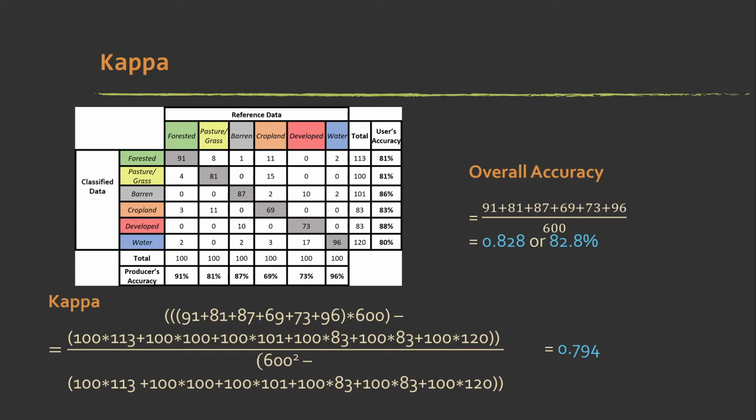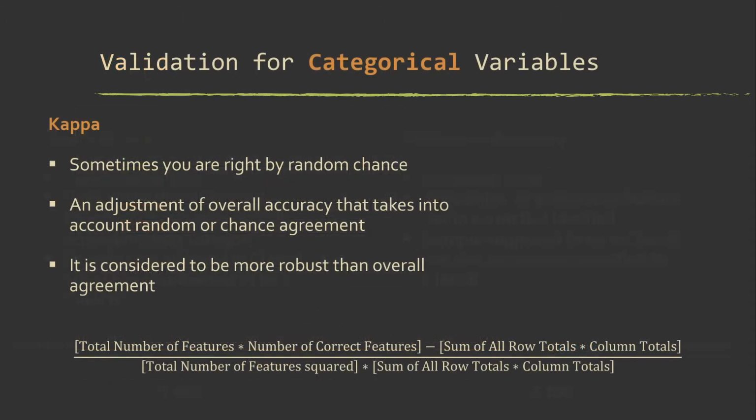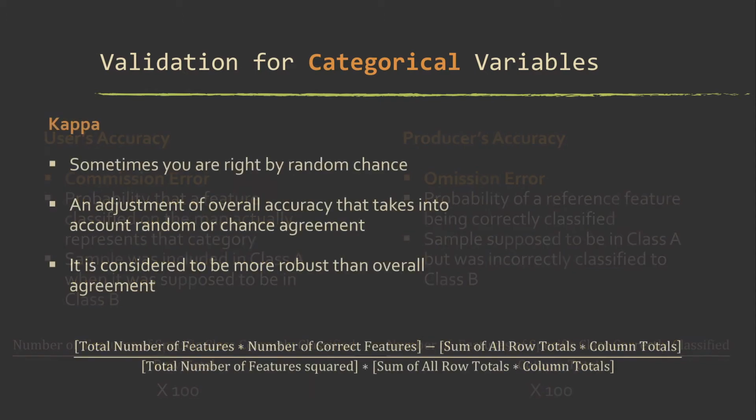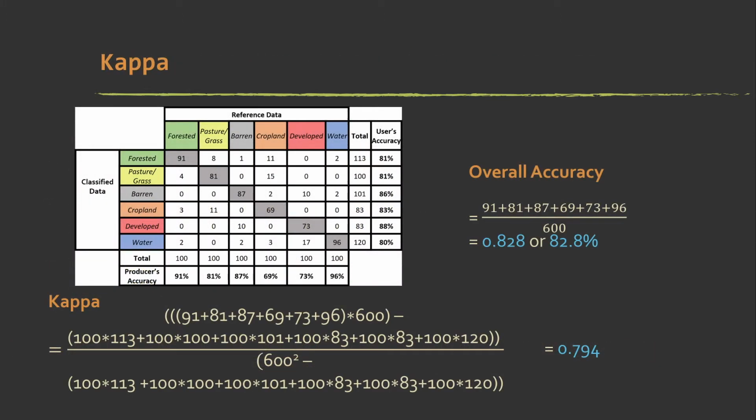Okay, so let's spend a minute and look at the user's and producer's accuracy. Let's go back for a second. Remember, user's accuracy is commission error, and producer's accuracy is omission error. So let's start off with producer's accuracy down the column. Again, this is omission, right? All these samples were supposed to be in the forest class.